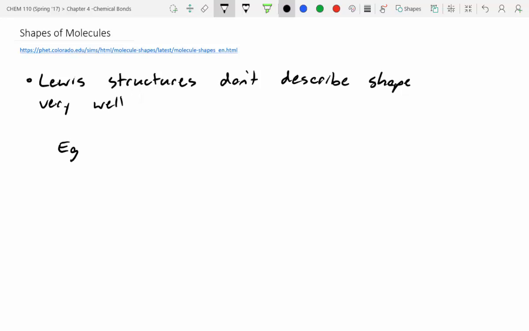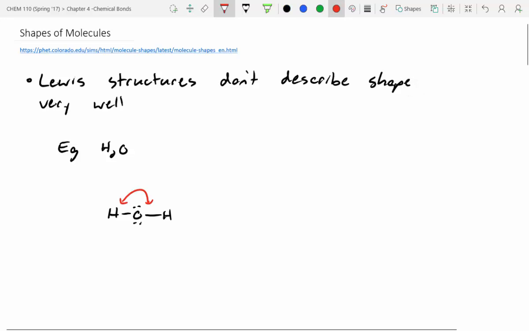And the example we just saw was water, where we said, should we draw water like this? If we draw it like this, that implies that this angle is 180 degrees, right? Experimentally, we know that this actually isn't the case at all. We know that this angle is actually closer to about 104 degrees. And this is due to something called the valence shell electron repulsion theory, or VSEPR.